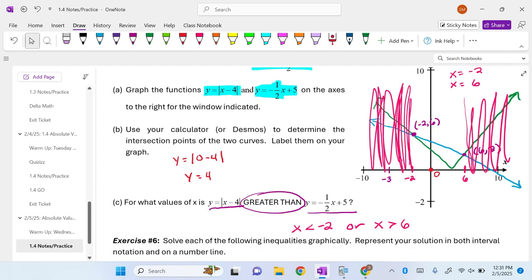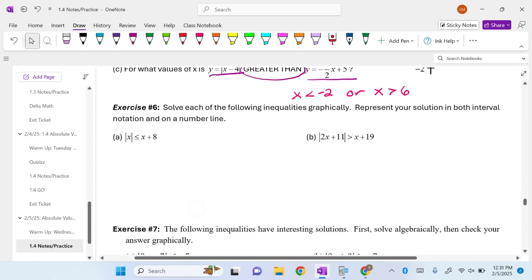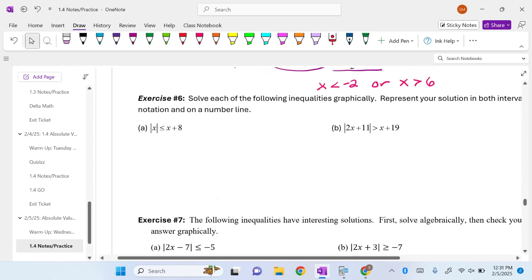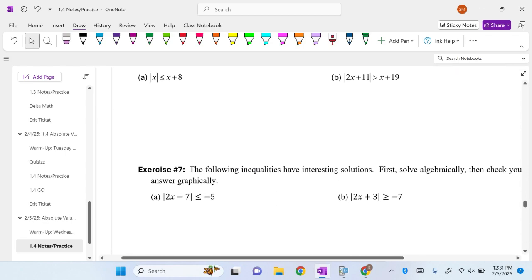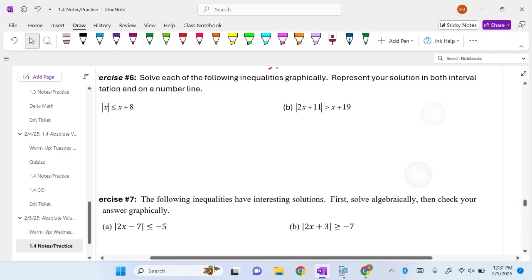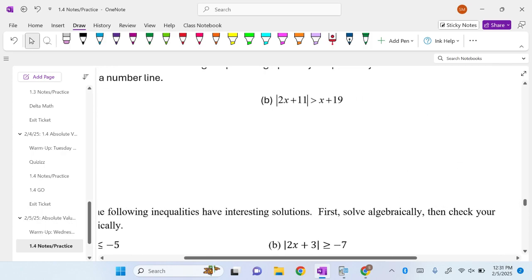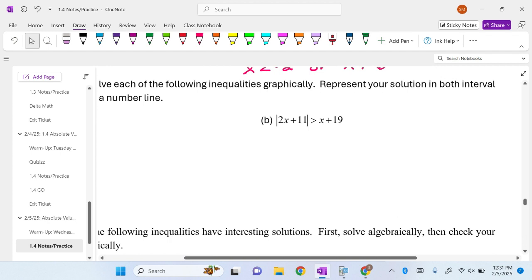All right. So let's try one more example just to make sure we hit home on it. So let's do letter B. I'm going to graph these individually.